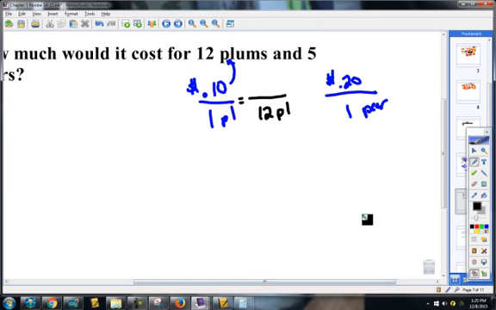How much would 5 pears cost? You guys see what I'm doing there? So if you did that, you would do times 12, times 12, times 5, times 5, and then whatever you got here and here, you would just add those together. I think we did pretty well on that, so I don't think I need to talk too much about it. Okay?